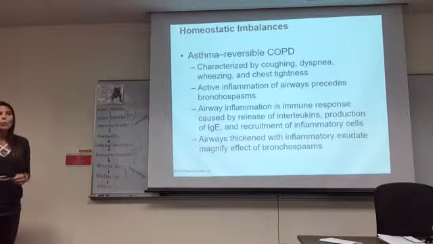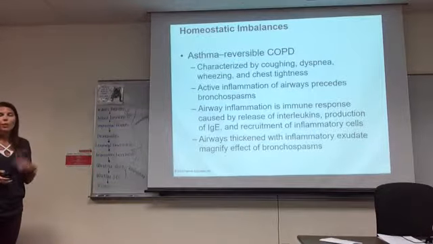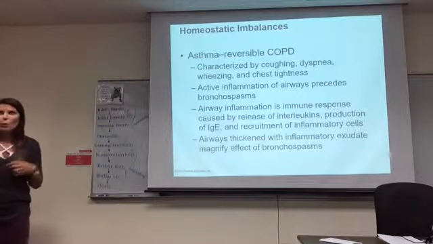Asthma is reversible COPD. You can grow into asthma and you can grow out of asthma. So you might have never had asthma before, and as an adult you all of a sudden are asthmatic, or you could be asthmatic as a kid and grow out of it. But it's a reversible type of COPD. Tuberculosis is a pulmonary disease caused by a bacteria that eats through your lung tissue, which is why you cough up blood.